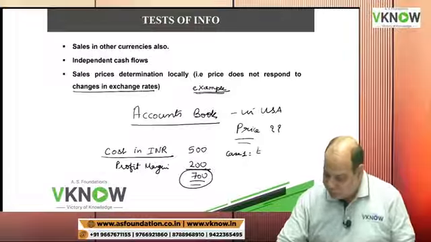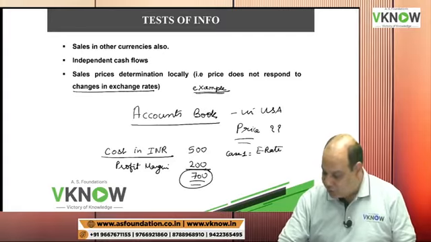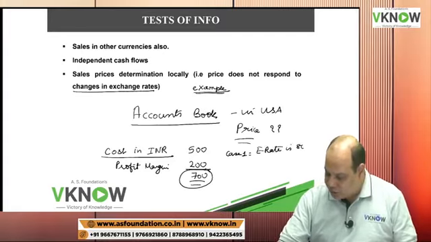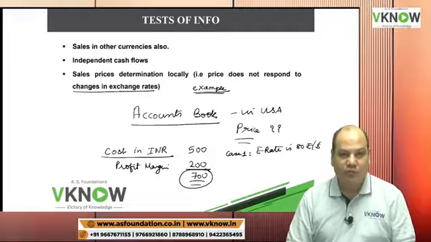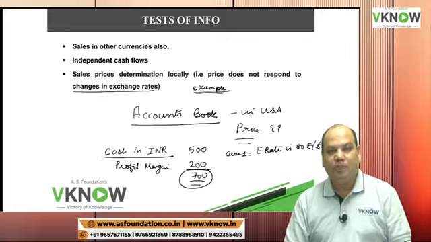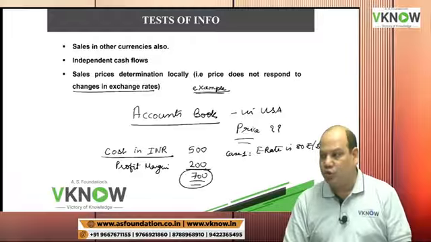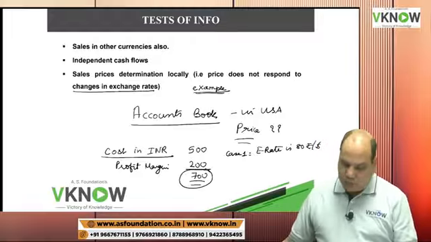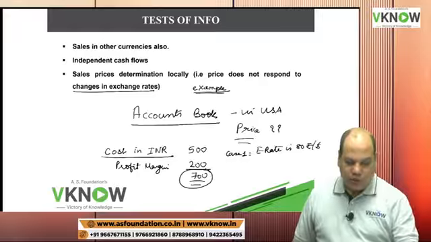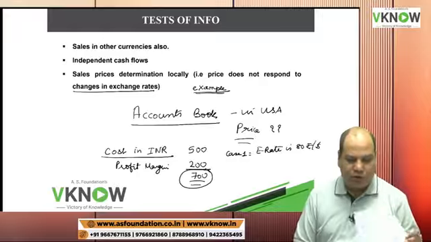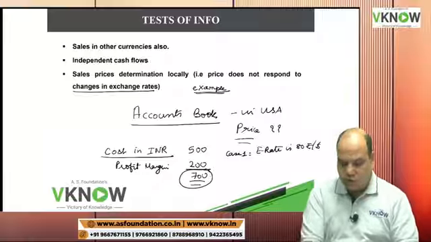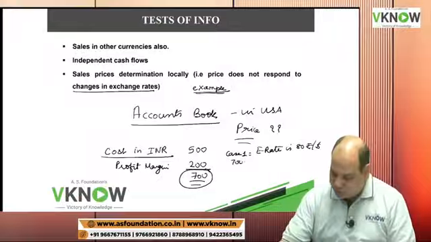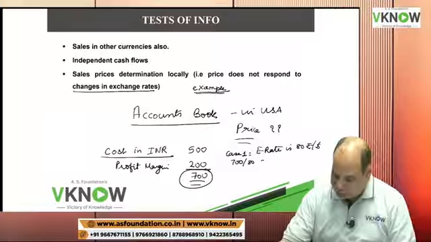Case 1, exchange rate is 80 rupees per dollar. What is the price to be quoted in USD, United States dollar? You will take 700 rupees divided by 80.